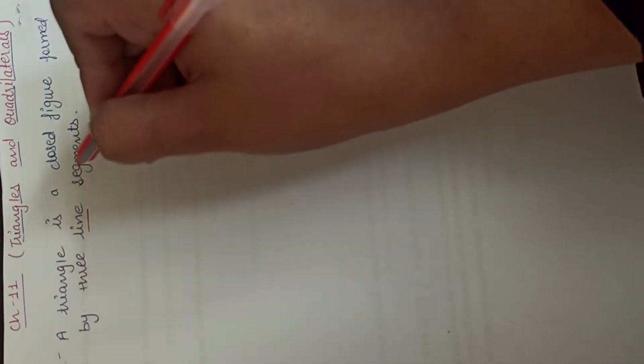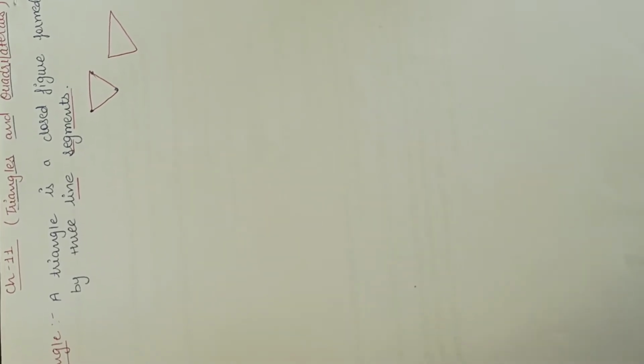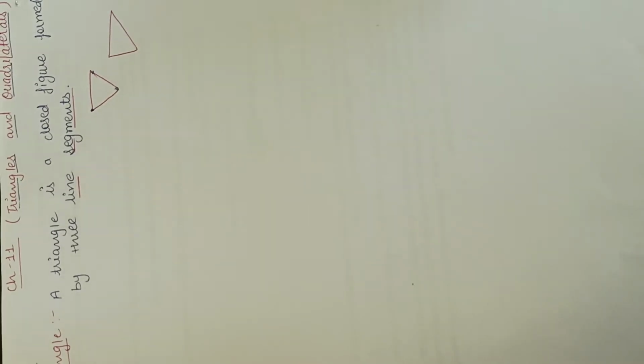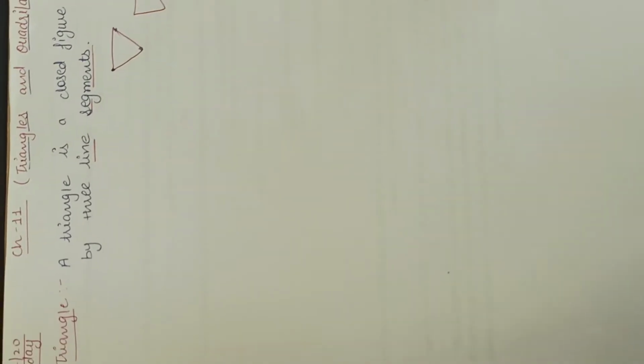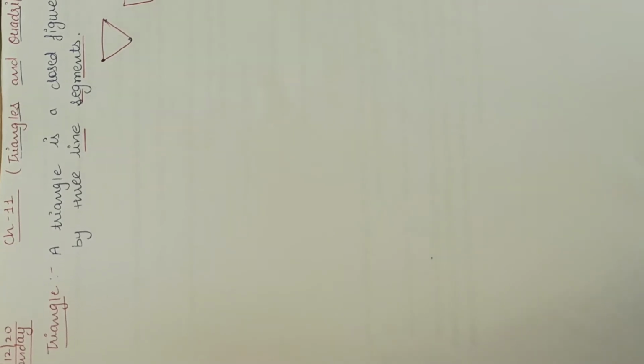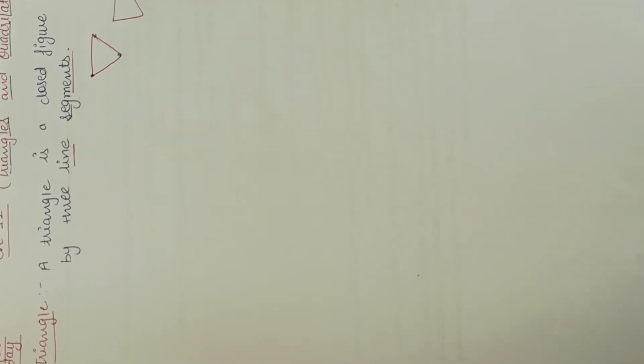Remember the point here, line segment. A line segment means it has a fixed length and 2 end points. This we will discuss in chapter 10. Right? So a line segment has 2 ends and fixed length.